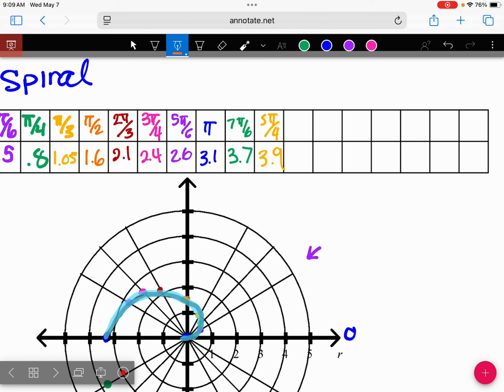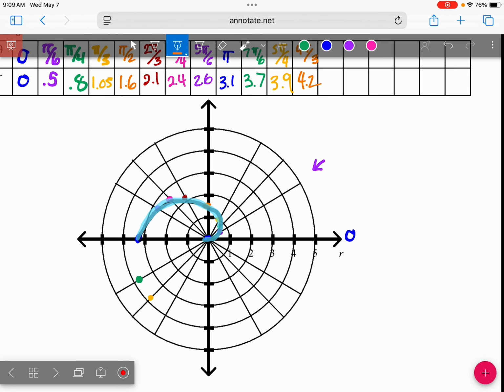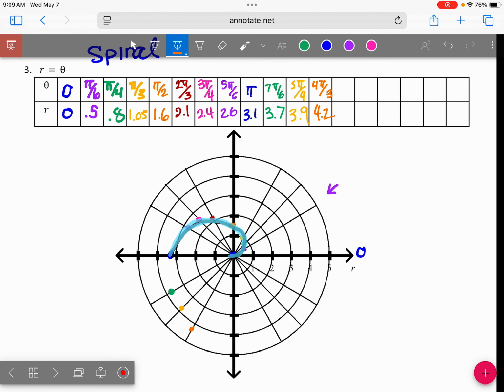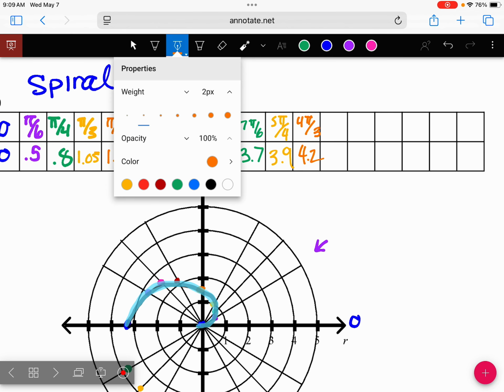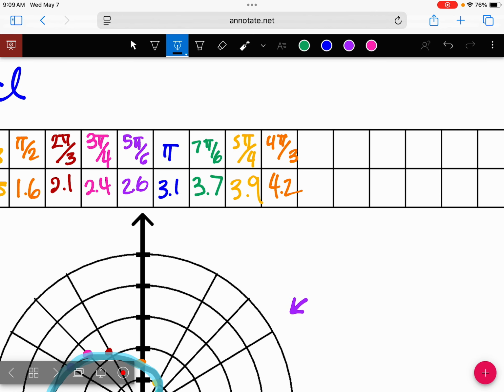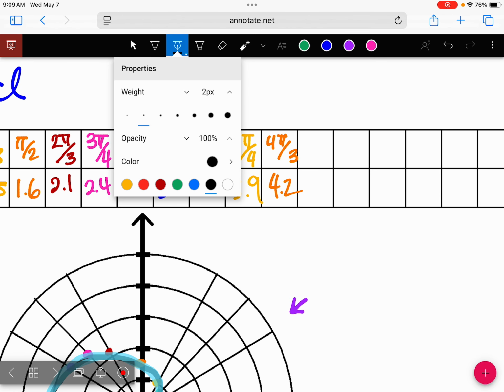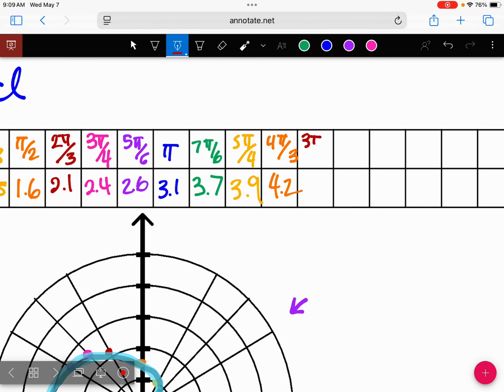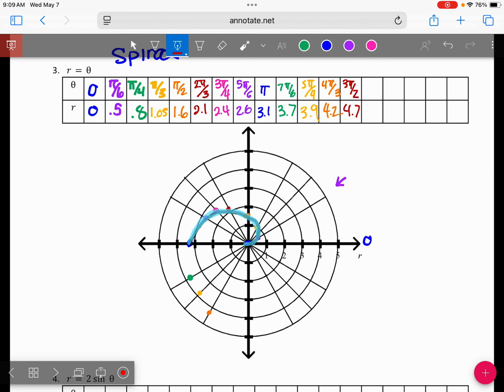And then we've got our 4 pi over 3. 4.2. So we're out here. And then our 3 pi over 2. 4.7. So that's going to be way down here.